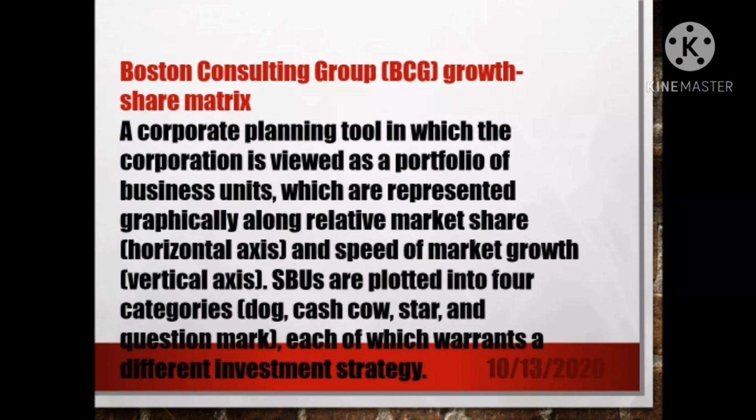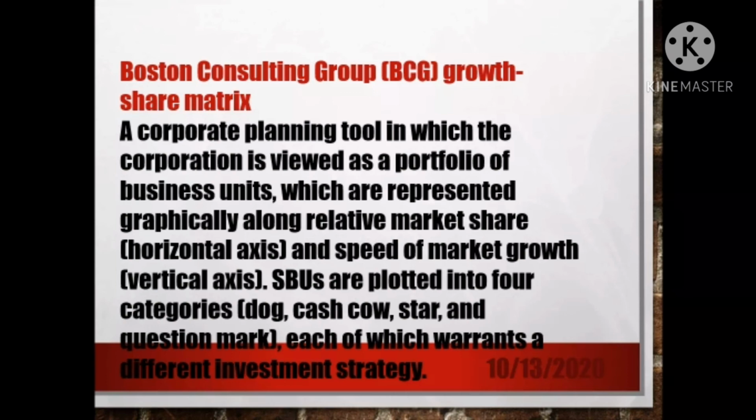Corporate executives can restructure the portfolio of their firm's businesses, much like an investor can change a portfolio of stocks. One helpful tool to guide corporate portfolio planning is the Boston Consulting Group or BCG Growth-Share Matrix.